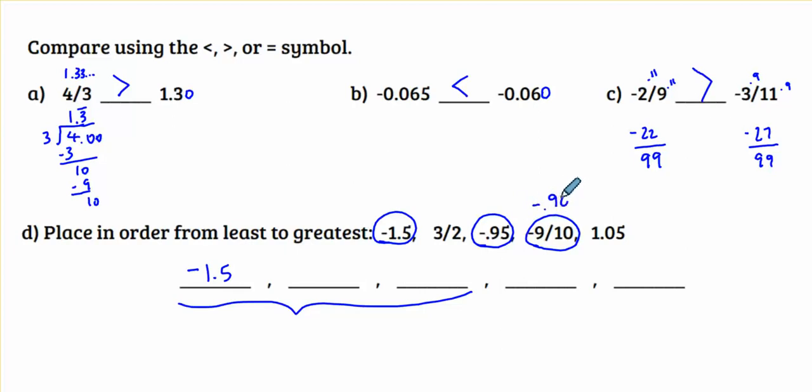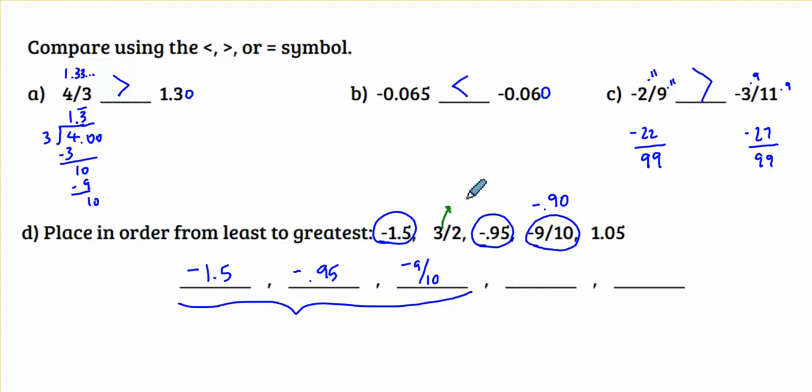And if I put a 0 here, now I'm comparing 95 to 90 in terms of hundredths. Normally, 95 would be the biggest out of these two, but since it's negative, it's going to be the smallest. So negative 95 hundredths would come next. Negative 9/10 comes next.